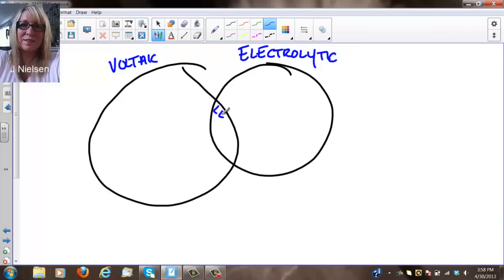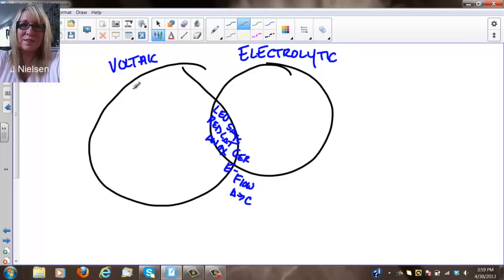So first of all, this is going to be LEO says GER. And it's going to be red cat, an ox. And the last thing that needs to go in here is that the electrons flow anode to cathode, A to C.